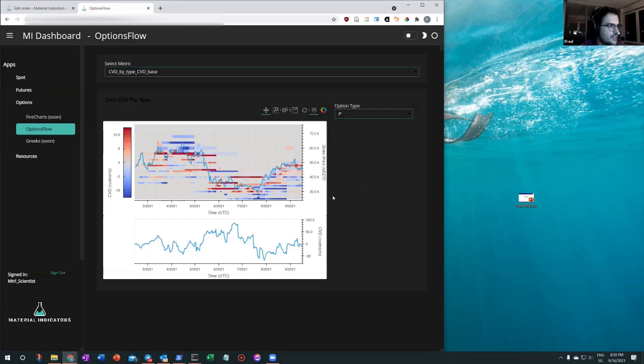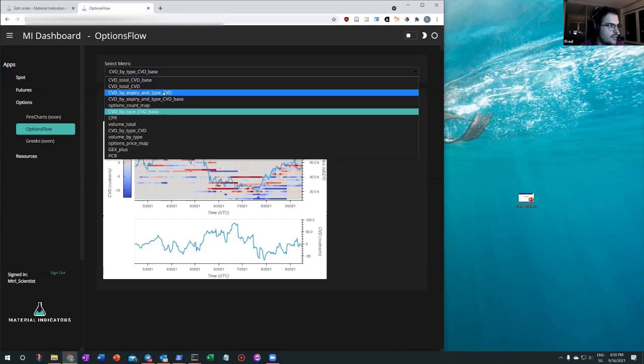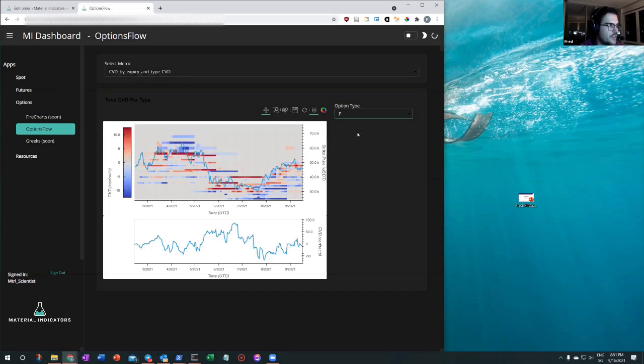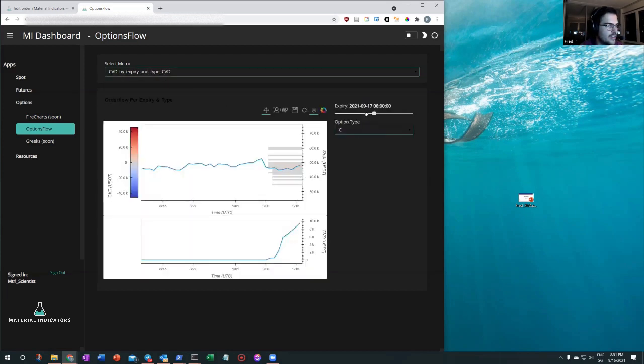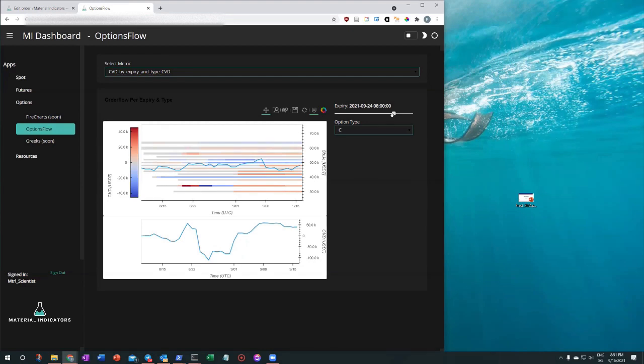So this is the total CVD per type, but we can also have more granular data if you look at CVD by expiry and type. And here you have a slider where you can select the expiry that you are interested in. Oh, that's cool. In this case, the closest monthly expiry is next week, which is also a quarterly expiry on Deribit.